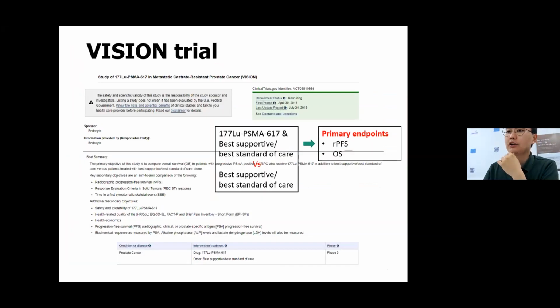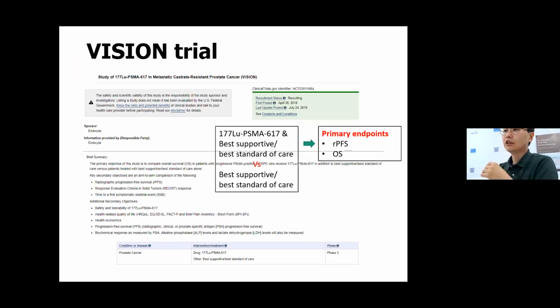Now there is an ongoing trial, the VISION trial, which is the phase 3 clinical trial of lutetium PSMA 617. The endpoints of this trial will be evaluating PFS and overall survival compared to the best supportive care.